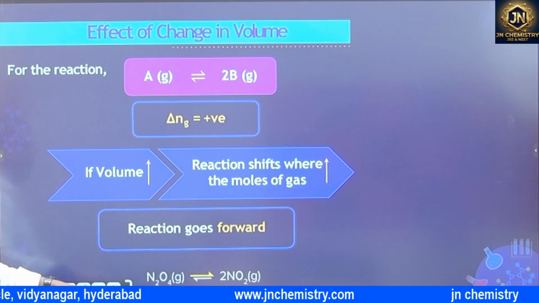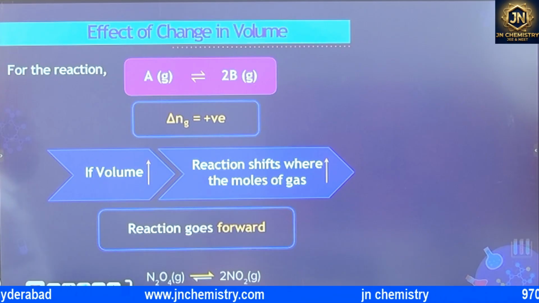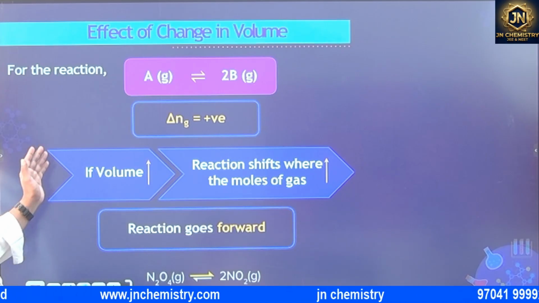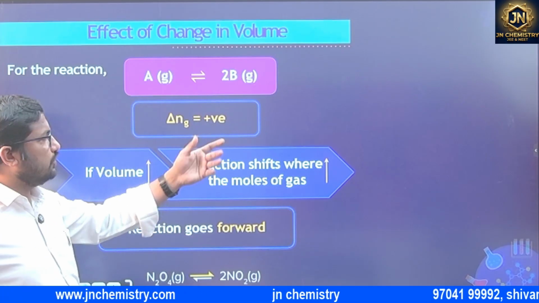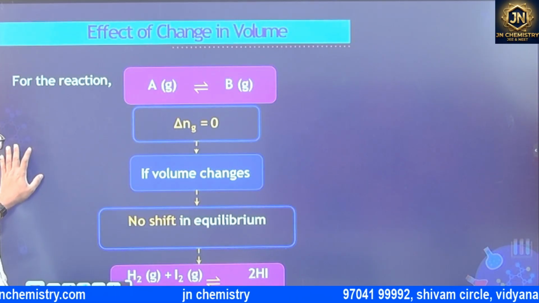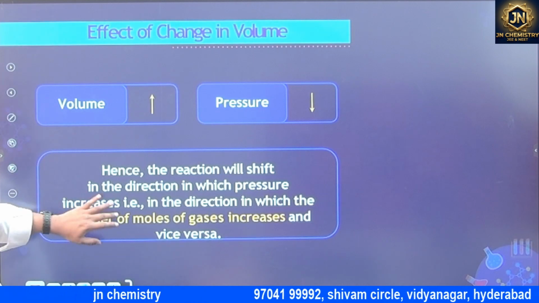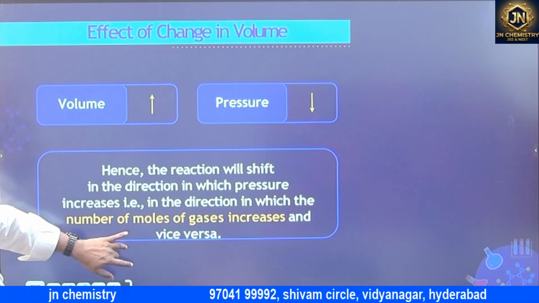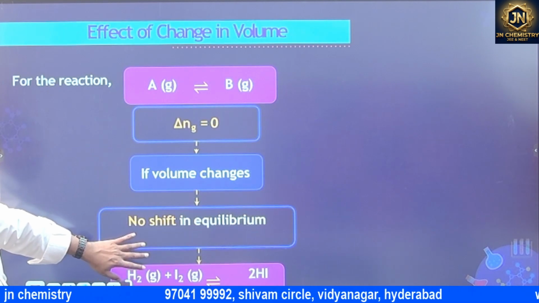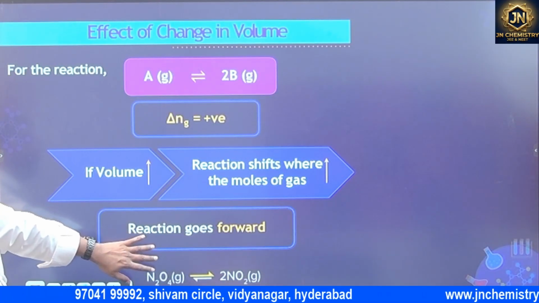If volume increases, the reaction moves to the forward direction. Going in the forward direction means less number of moles to more number of moles. In this case, no change with volume. I already told you, no need actually.